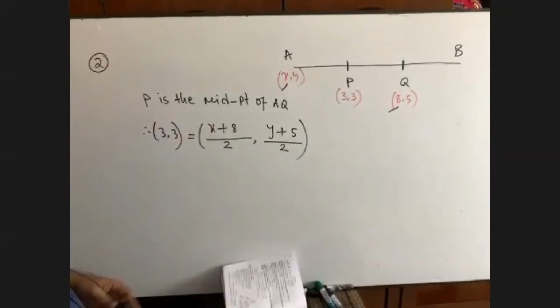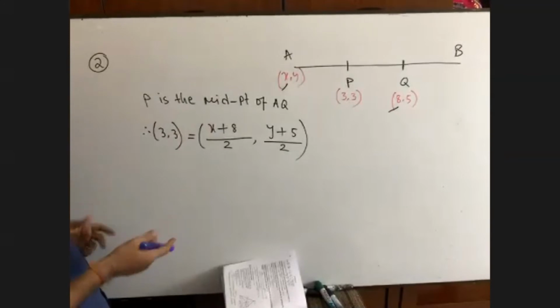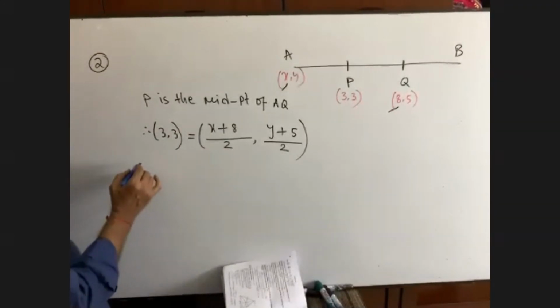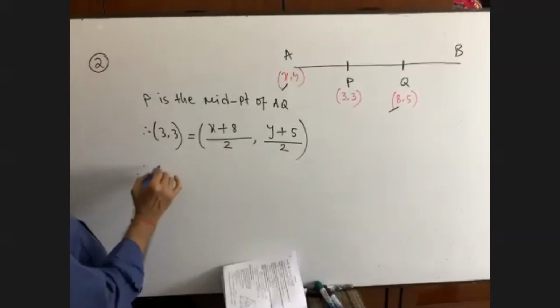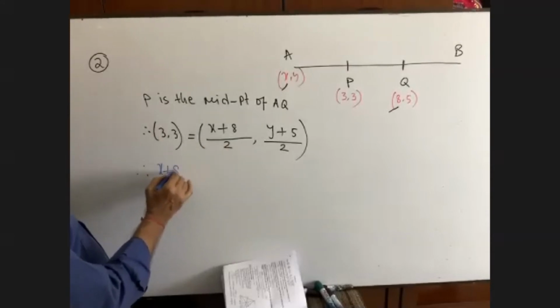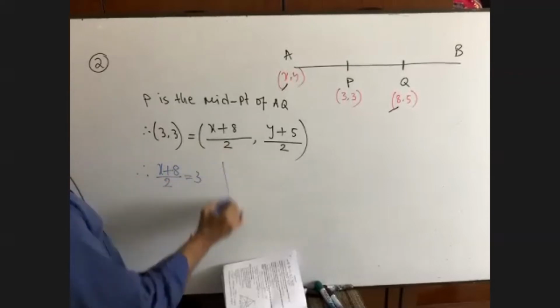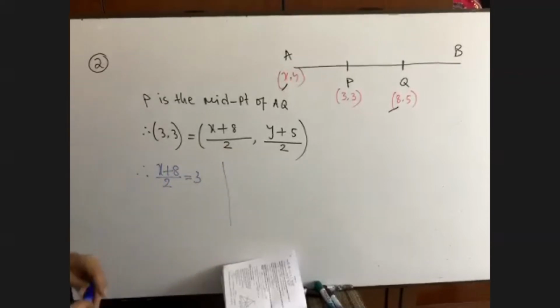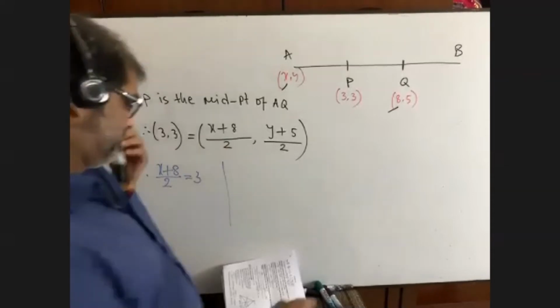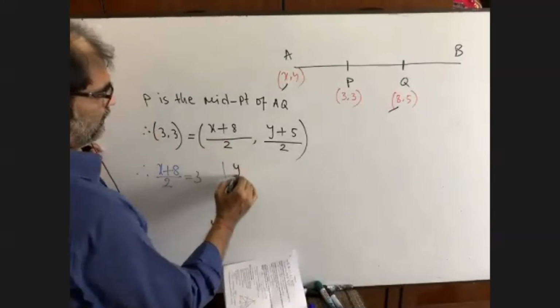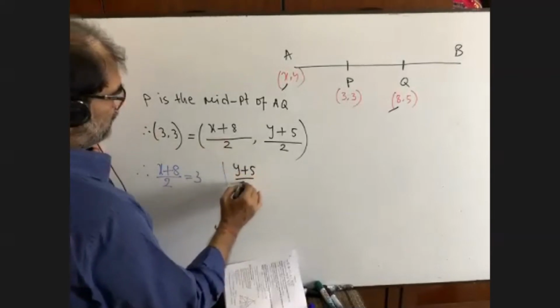In class 9 and 10, you did a lot of maths of ordered pairs. So from here, can you write, therefore, x plus 8 by 2 is equal to 3? Can you write? Talk to me. Again, we can write y plus 5 by 2 equals 3.